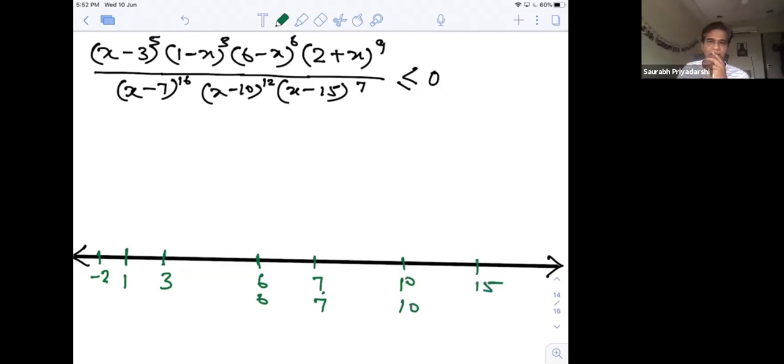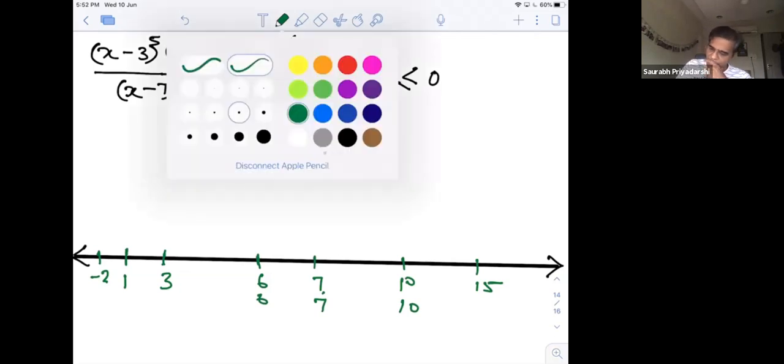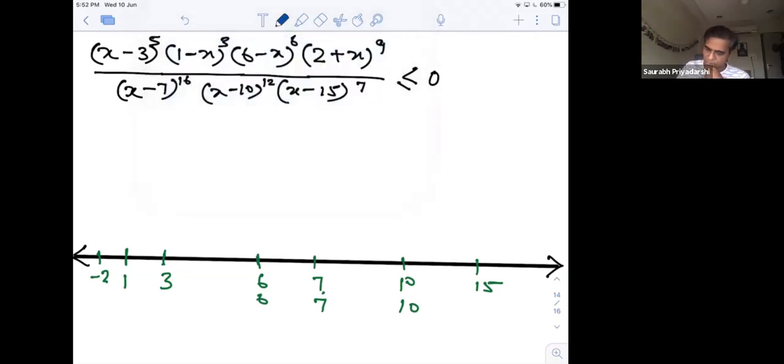This is our number line, right? And closed and open, you have to be very, very, very sure about this, like where this will be closed. So at 3, this will be closed, 1, closed, 6, closed, -2, closed. Rest of this number will be open, right?